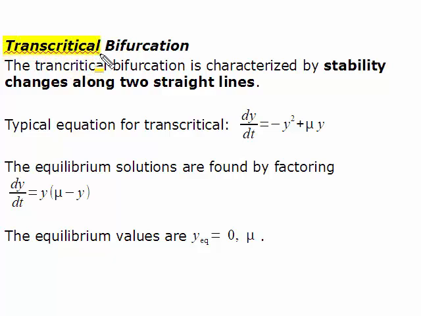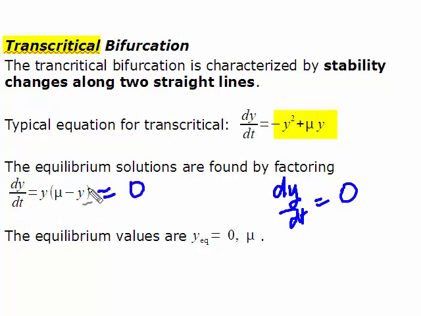Now we'll look at the transcritical bifurcation. This has a very different pattern from the saddle node. And the typical equation to describe a transcritical is something like this: minus y squared plus a parameter times y. So the first step is to find the equilibrium solutions, and those are the values of y such that dy by dt equals 0.